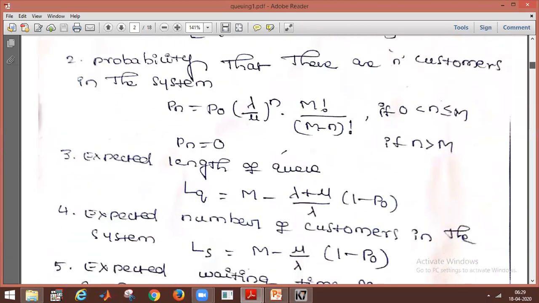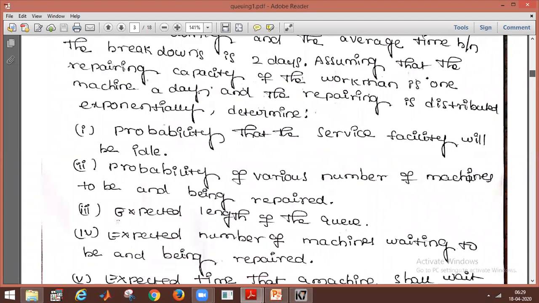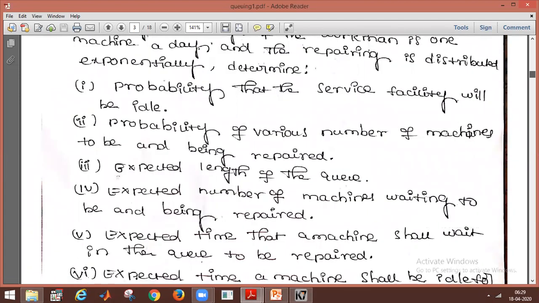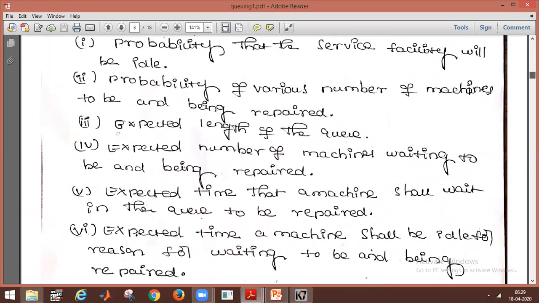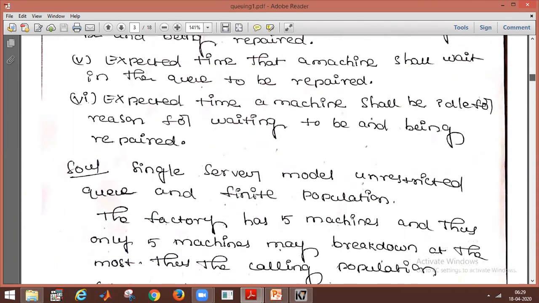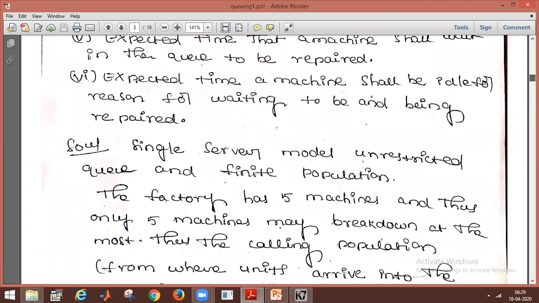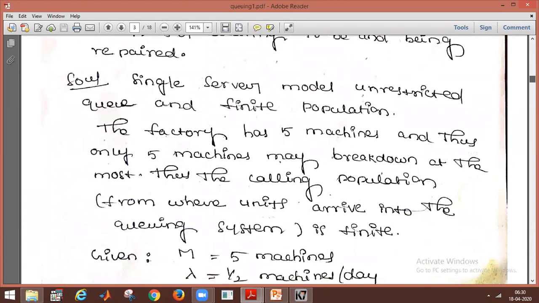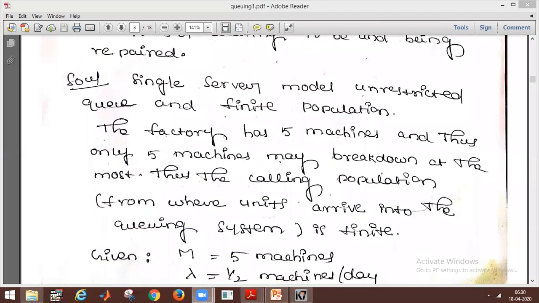So first you have to calculate the probability of various numbers of machines being repaired. The given data is the single server model, unrestricted and finite population. Here we have to use the finite population.